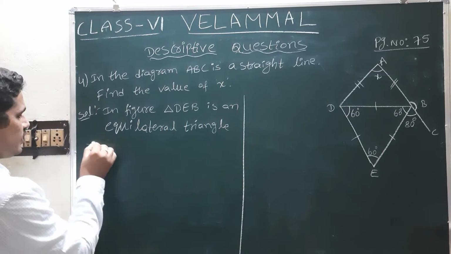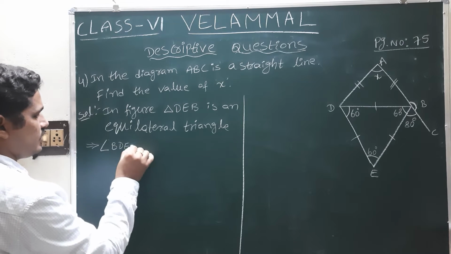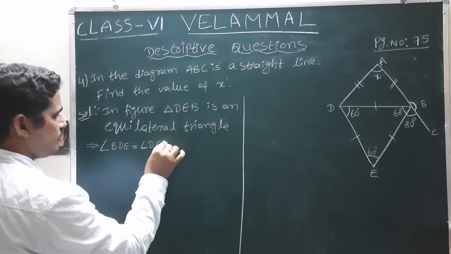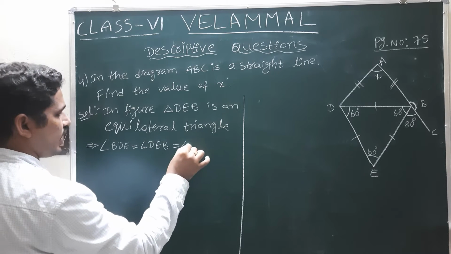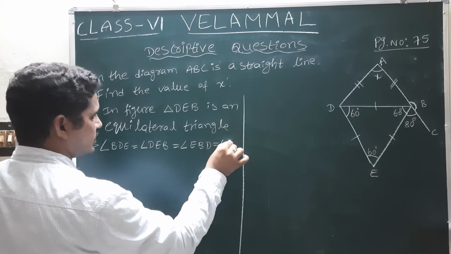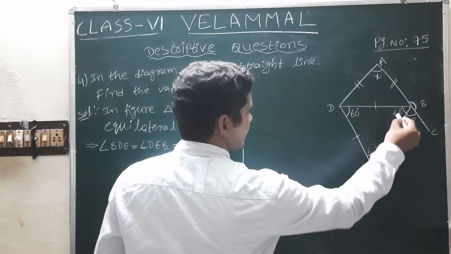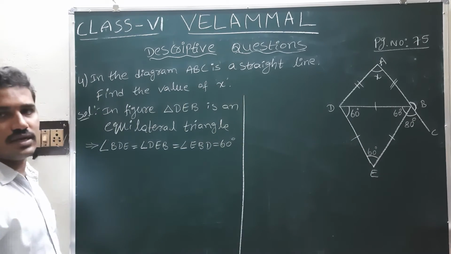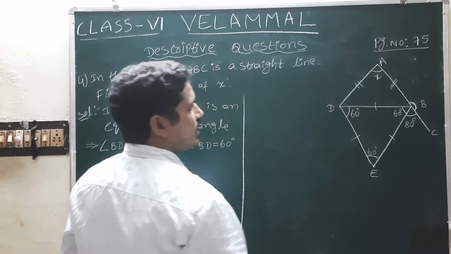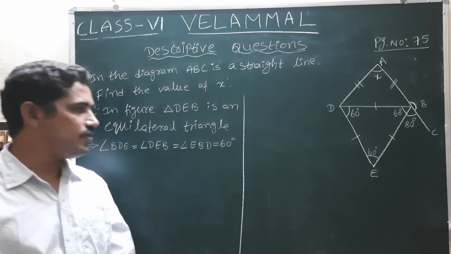By that we can say angle BDE equals angle DEB equals angle EBD equals 60 degrees. Why? It is an equilateral triangle, and in an equilateral triangle all angles are equal to 60 degrees. So by that we got each and every angle.